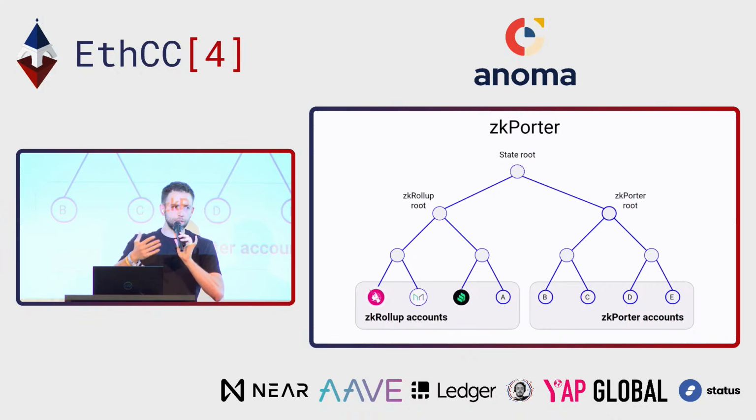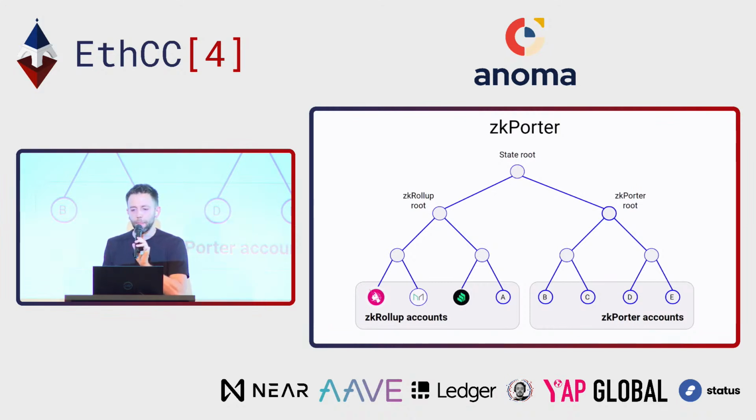They have normal addresses, they can address each other, and they don't have to know what the other account is. You can use a transaction which spans multiple types of accounts. But for zkPorter accounts, we don't publish the state updates, which we do for the zkRollup accounts. That's the only difference. So the practical difference for the users is just the cost. In zkRollup you pay more, in zkPorter you pay less.